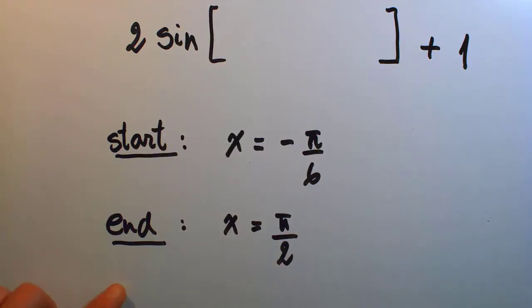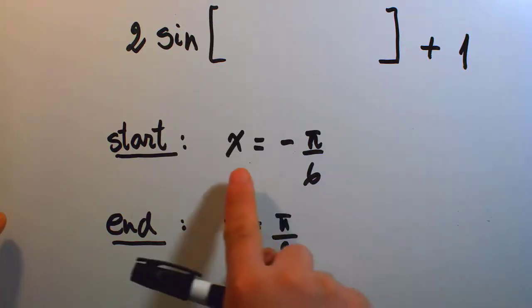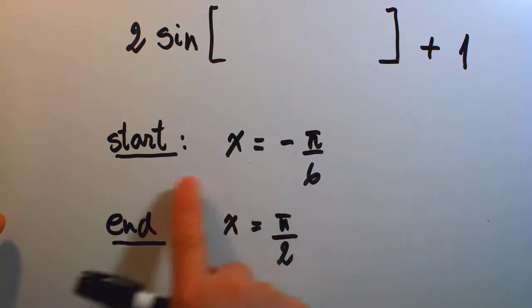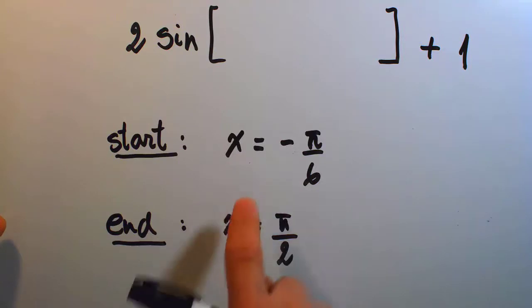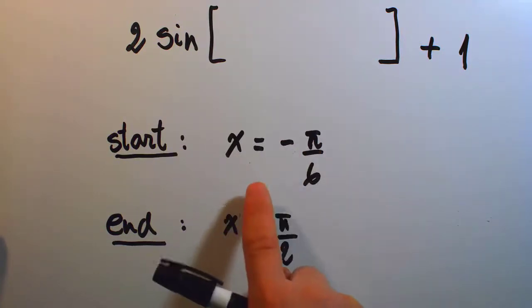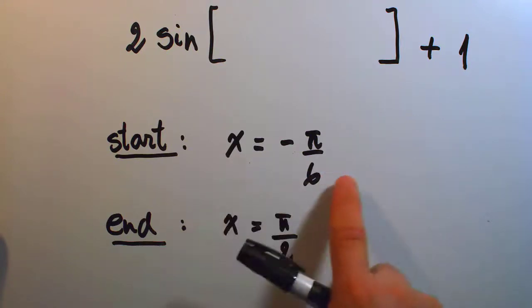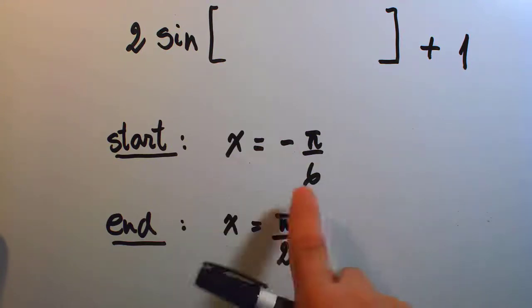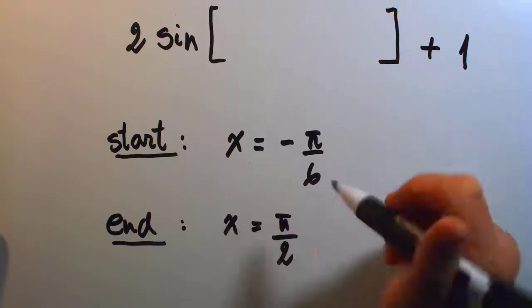And that means immediately remind yourself that if our base unit has a start at x equals negative pi over 6, then connecting that with what we've learned in graphing trig functions, this is the expression inside of our sine function.